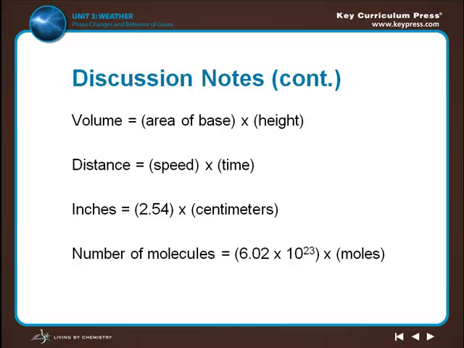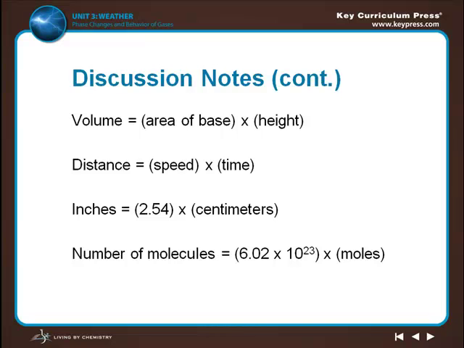Distance, speed times time is proportional. Inches is proportional to centimeters times 2.54. Molecules is proportional to moles times Avogadro's number, 6.02 times 10 to the 23rd. So this relationship depends on a constant number to give us molecules. This depends on a constant number to give us inches.